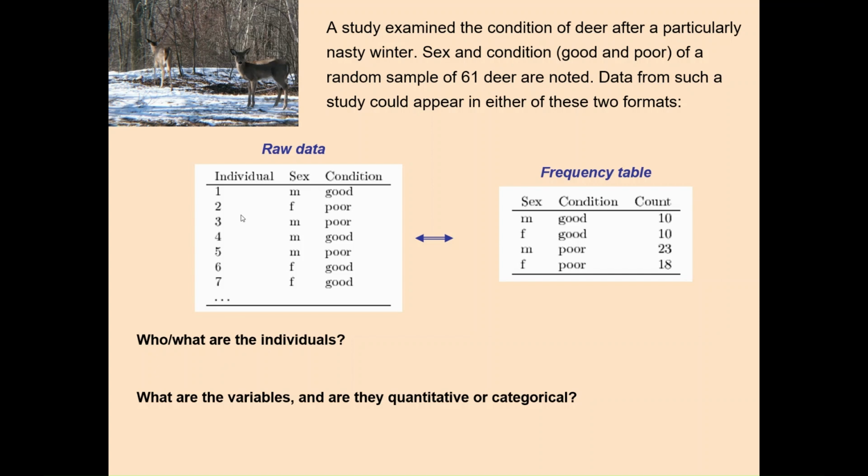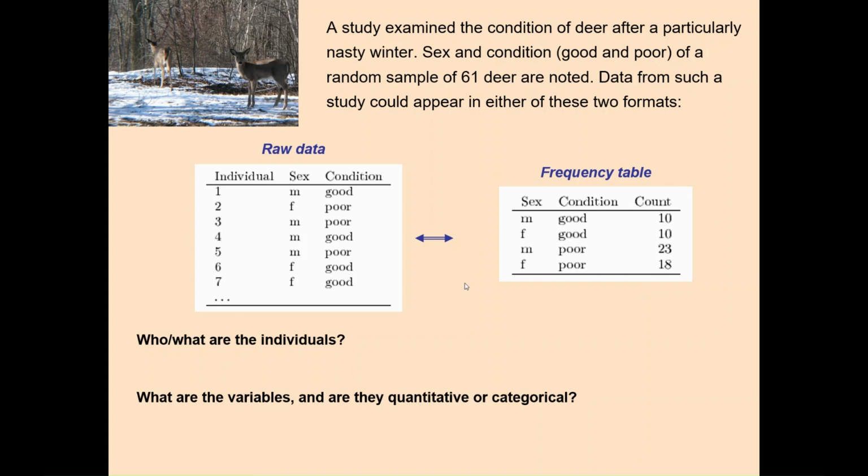All right. Now, one way that we could make it a little bit easier to analyze the data is we could use what we call a frequency table, which you can see over here on the right. And this is nice because it's just grouping together all the males that were in good condition, all the females in good condition, the males in poor condition, and the females in poor condition.